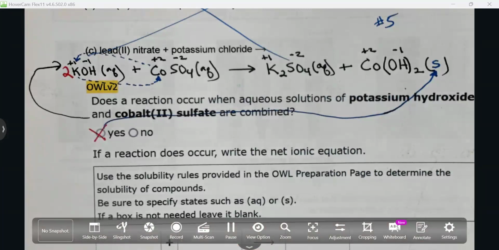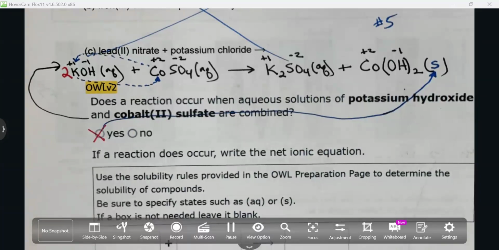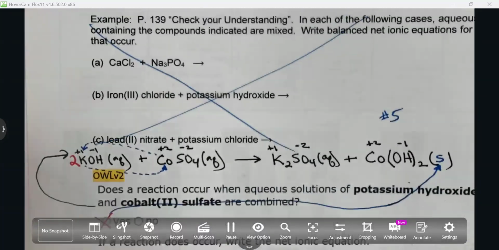If a reaction does occur, write the net ionic. Well, if you are good at this already, you could just go right to it. But I want to write this one out because it's another liver damage example here. I'm going to have to write it on top.